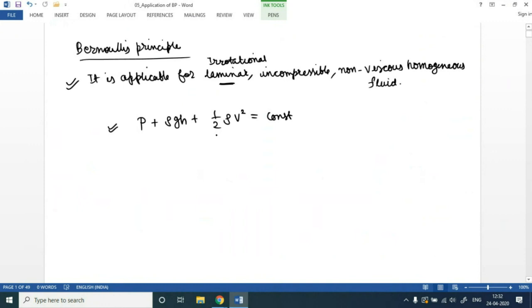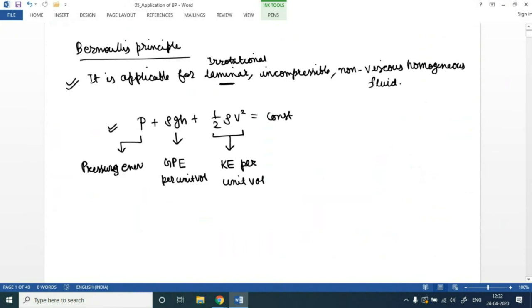This term is kinetic energy per unit volume of the liquid, this term is gravitational potential energy per unit volume of the liquid, and this term can be termed as pressure energy per unit volume of the liquid.